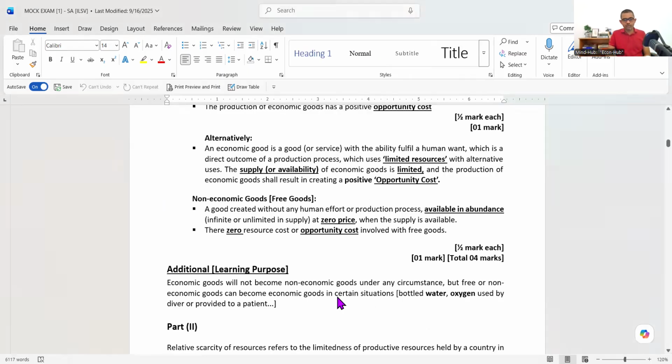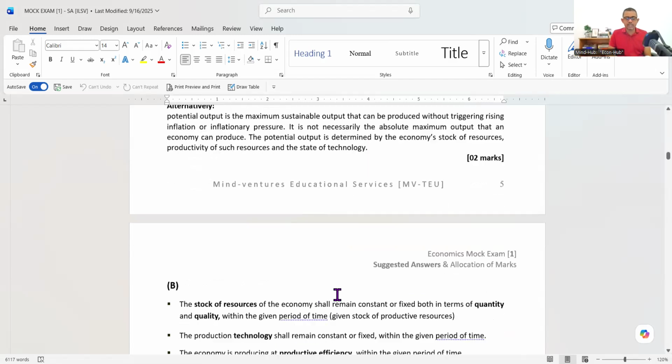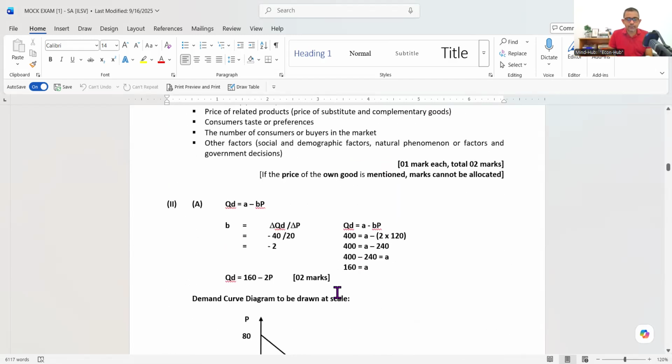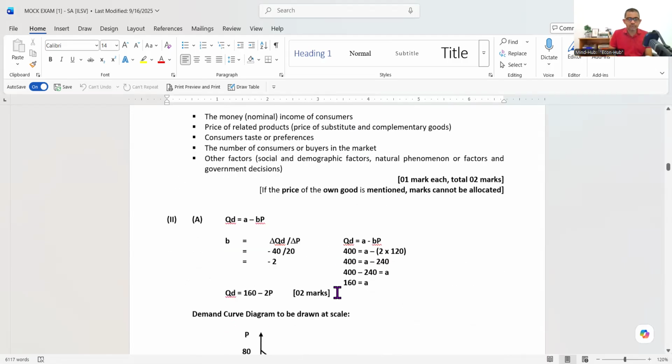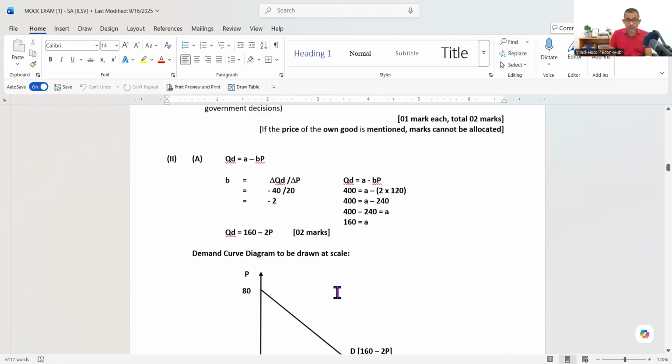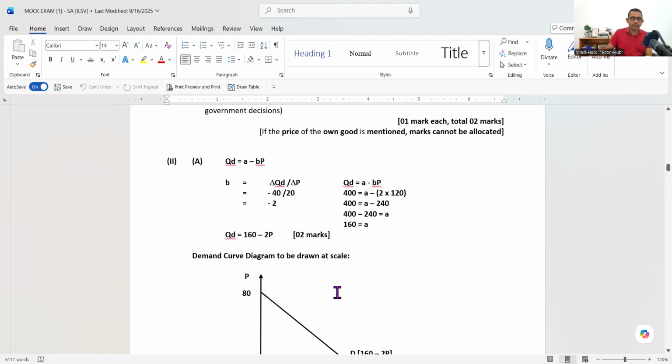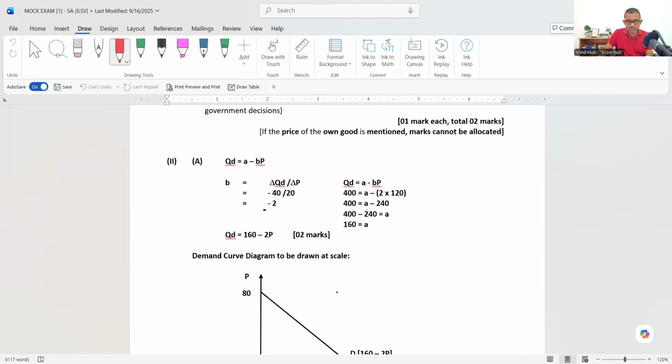Right. In the suggested answer material, for question 2, part 2, subpart A, this is correct. No issue with that. But when calculating the A component, 400 equals A minus 240.